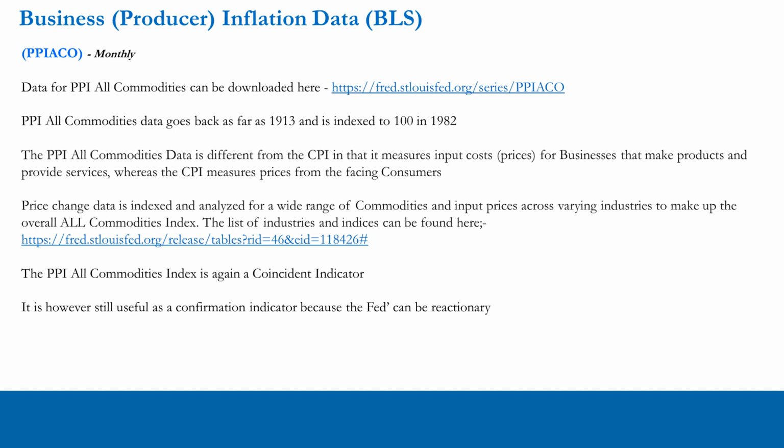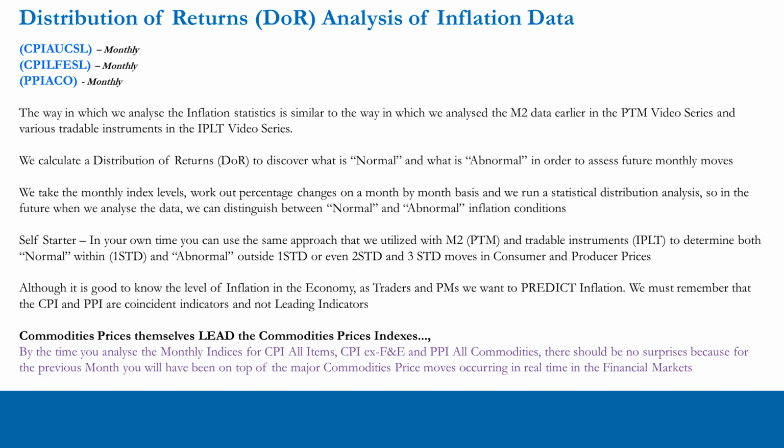Now, our three inflation measures, so our monthly CPI all items, our monthly CPI X food and energy, and our PPI all commodities index, released on a monthly basis as well. These are our three inflation measures. We can obviously get the data from the St. Louis Fed website, and we can do a statistical analysis of it.